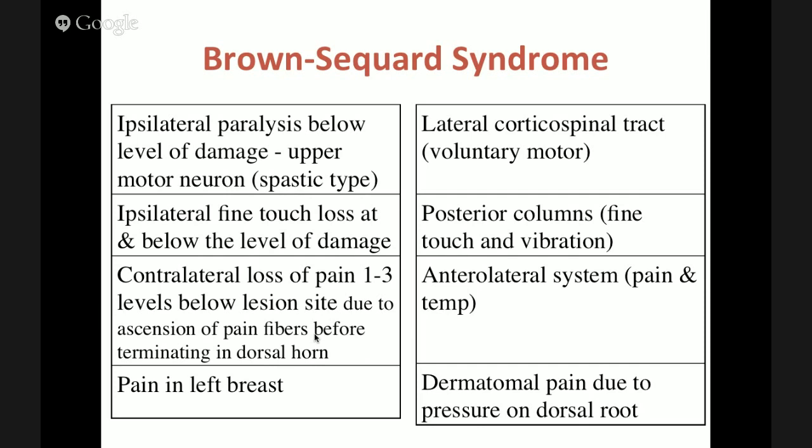And then contralateral loss of pain, 1 to 3 levels below the site of the lesion, is involvement of the anterolateral system. And there's dermatomal pain. Pain in the left breast is from pressure on that ipsilateral dorsal root.